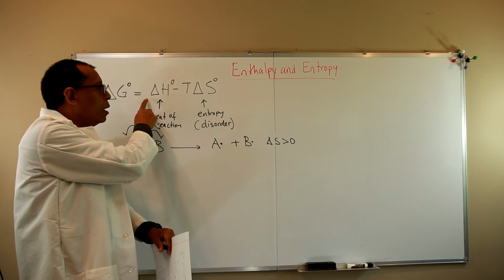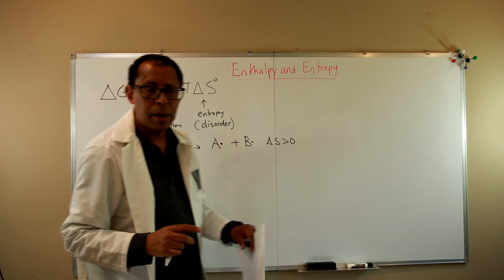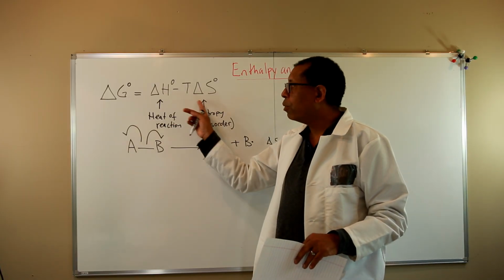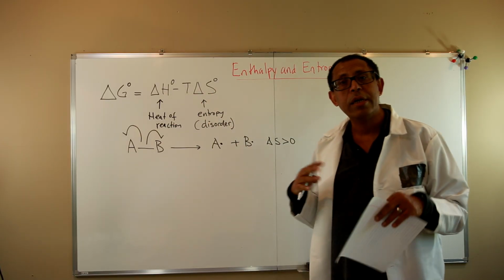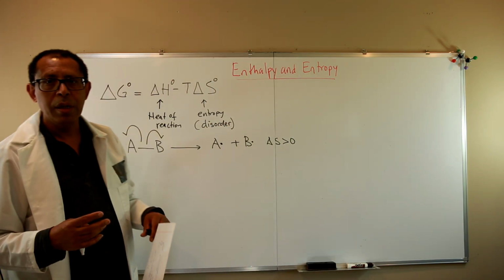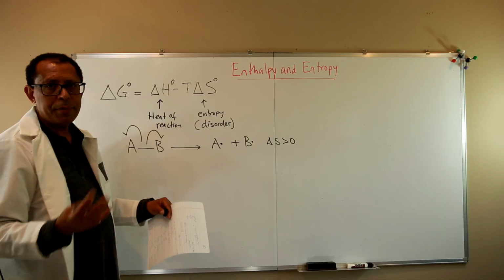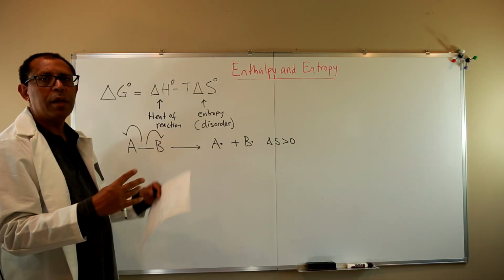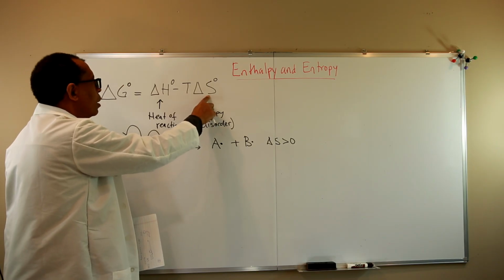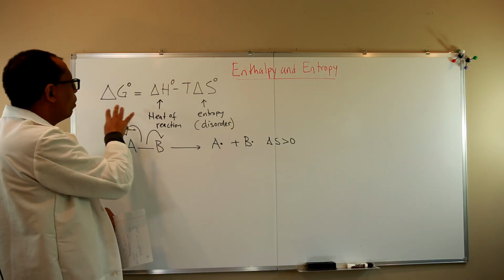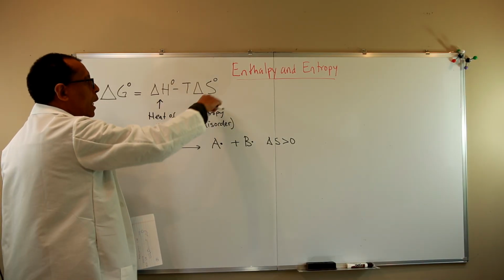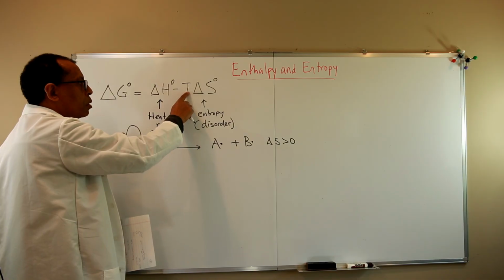It's not only just knowing the enthalpy of a reaction like what we have done earlier, but you also have to consider, am I increasing entropy? Am I increasing the disorder during the reaction? So that could be a favorable one, or it could be not favorable. In this case, increasing entropy would become a more favorable aspect of the reaction, because you would get a more negative number here, because T is always positive.